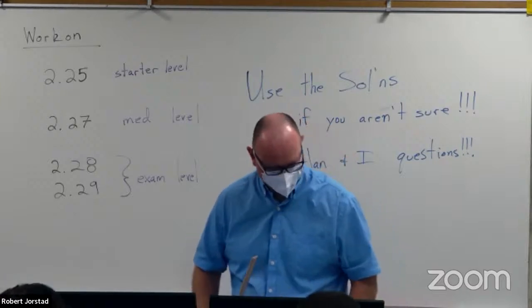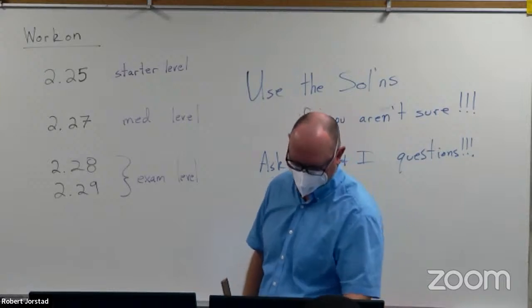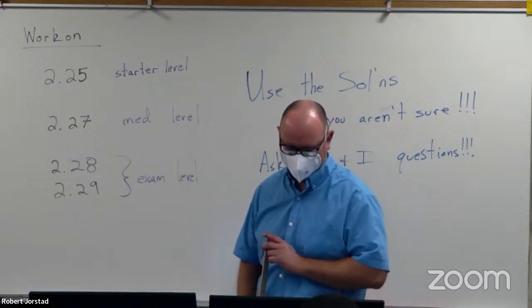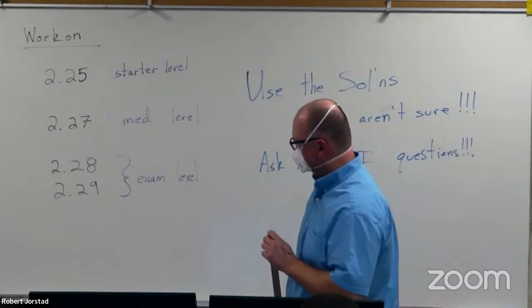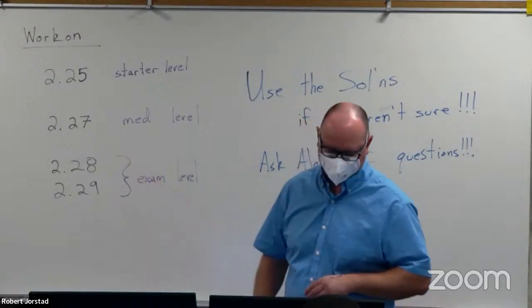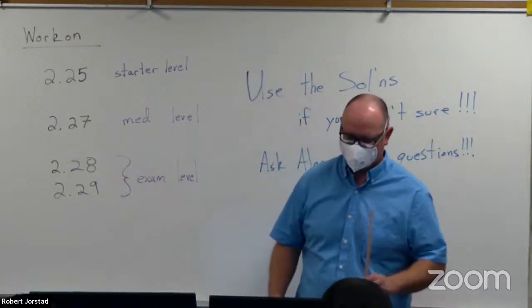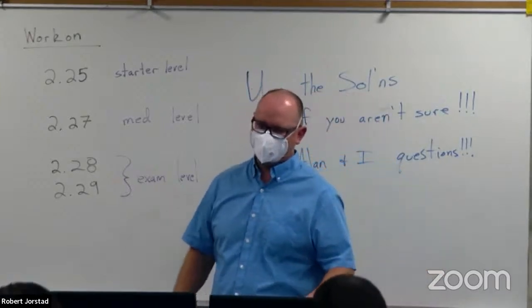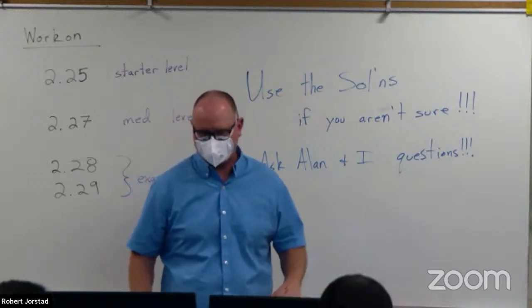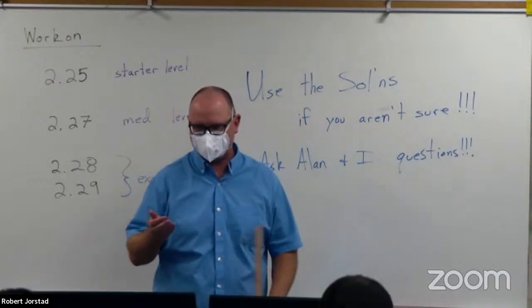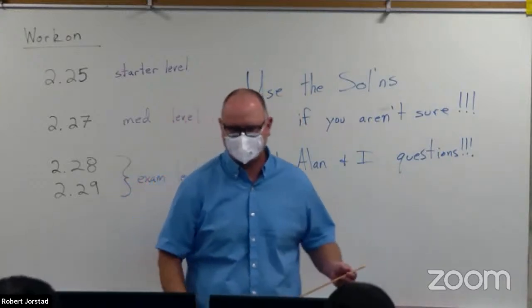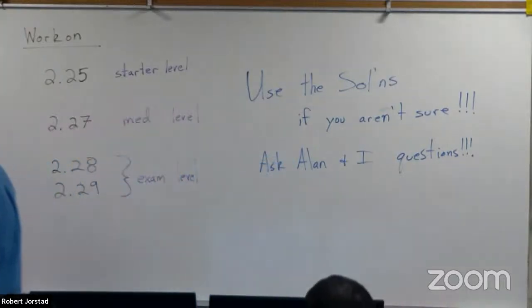I should probably add a couple problems into that list of bare minimum. Basically, you got to do 28 and 29 or 33 and 34. Those are the ones that have the XT and VT graph. Pretty much every test I've ever given, I have either an XT graph or a VT graph, and you have to do something with it. So this will just make sure you got that skill locked in. Good question.